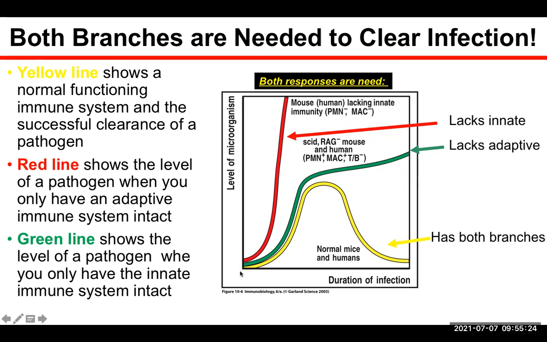Like I was saying, the first responders are able to hold off the infection for some time, but they can only do it for so long. In order to clear it, you need the adaptive part. If you lack the adaptive part, you're going to have something called chronic infection, where you have infection for the duration of your life, unfortunately. And if it gets bad enough, you can succumb to the infection.